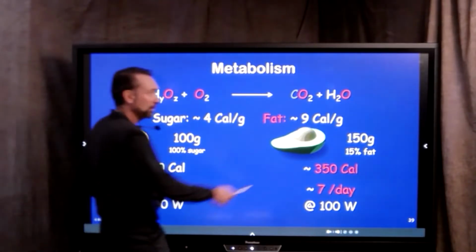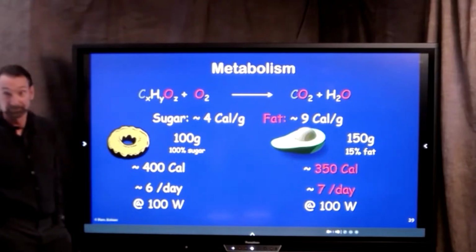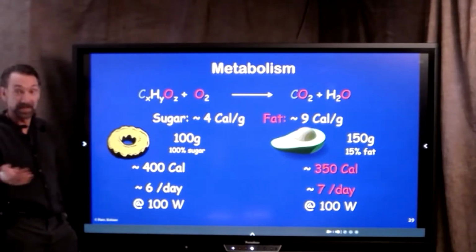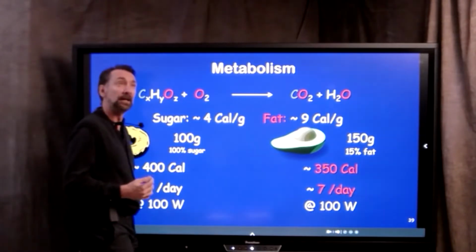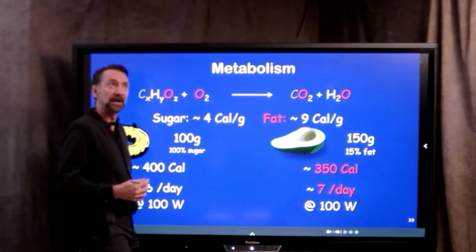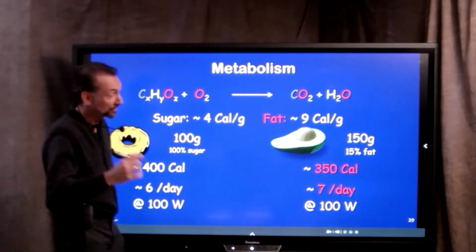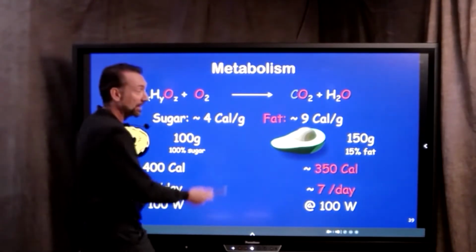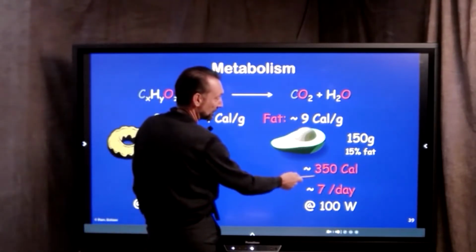One thing's different though, the avocado, only about 15% of it is fat. Most of the rest of it actually is indigestible fibers. So they're called, I think, dietary fiber or insoluble fiber. If you read the nutrition facts, insoluble fiber, that's a carbohydrate actually, but it can't be digested readily, so you don't get calories from it.